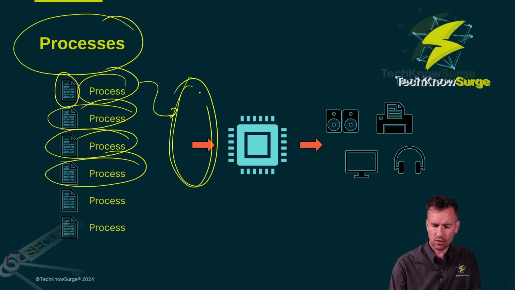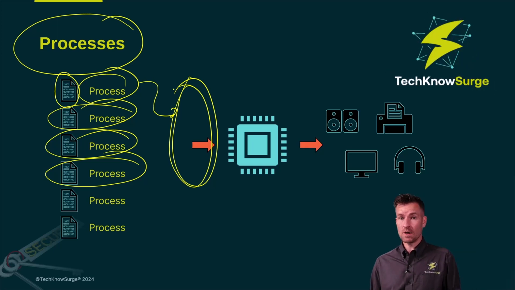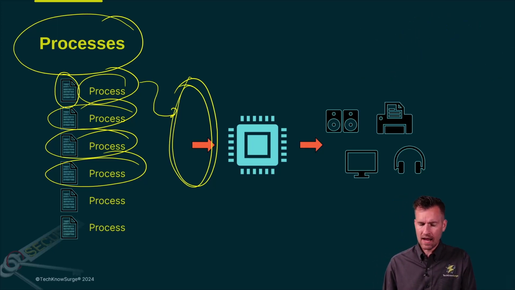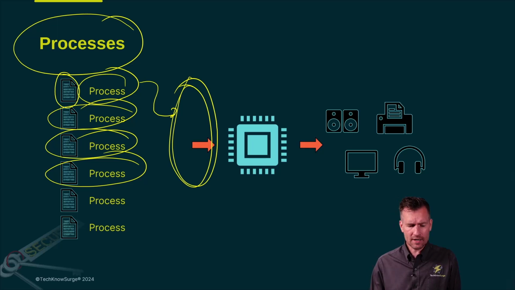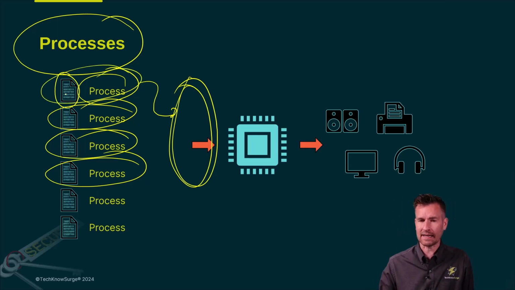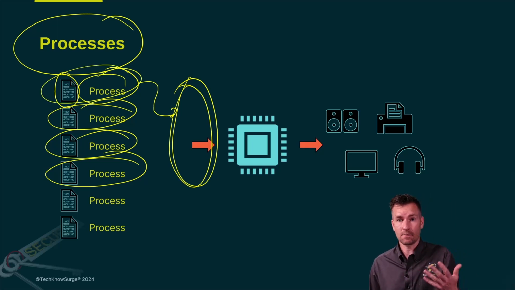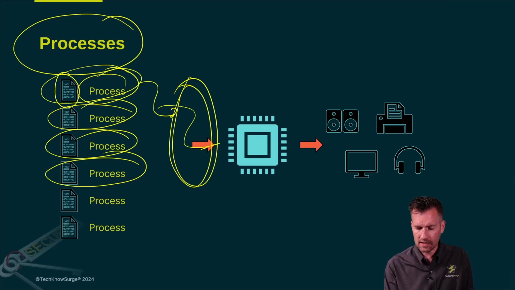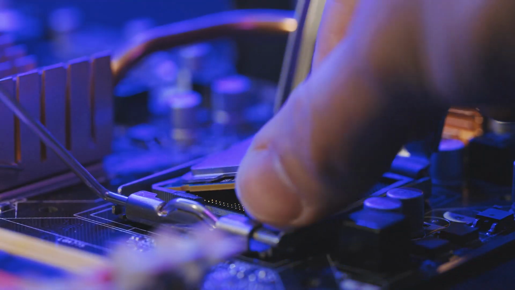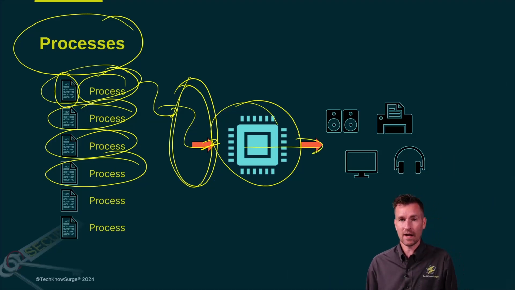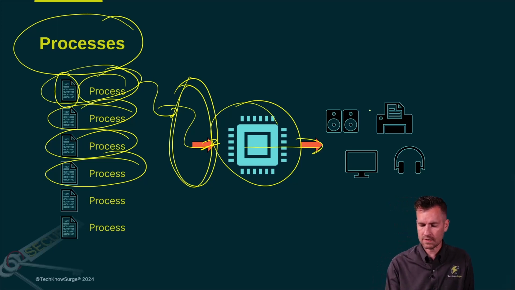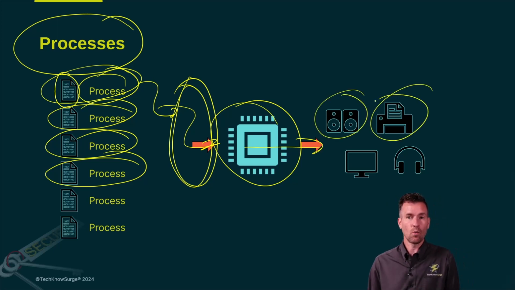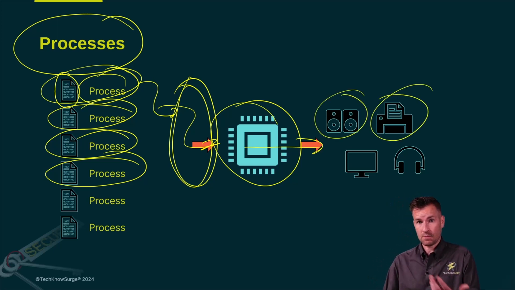It will flag the scheduler and say, hey, I need to process this information. The scheduler will then prioritize that process accordingly, and different processes have different priorities. Then it will put it in the queue to be processed by the CPU and sent out on its way, whether it's going to return it back to the program, send it to some sort of device, or whatever it is that it's being processed for.